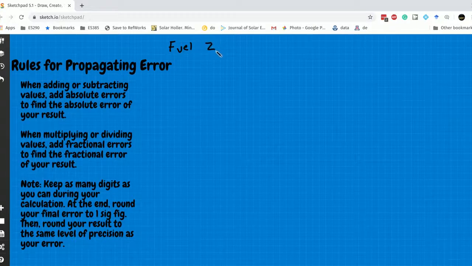And instead of just writing down the number 200, they might write down the number 200, followed by a plus minus sign, followed by another number, in this case a 5, which indicates the exact amount of uncertainty associated with that value. This is telling us that the true amount of fuel will lie somewhere between 195 and 205 tons.